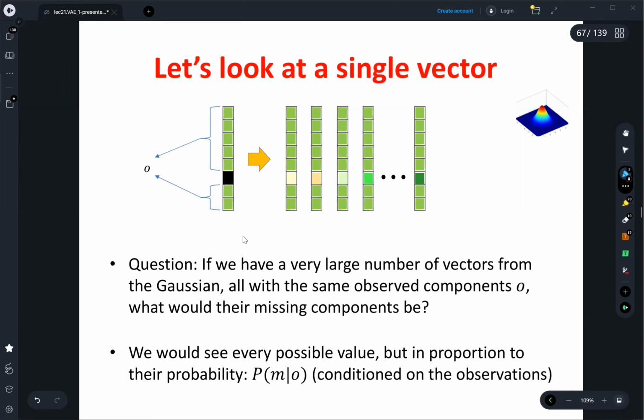Basically, the question you ask yourself is, if I saw a very large number of copies of this vector, what proportion of those copies would have 7 here, and what proportion would have the value 3 here? And so you're going to fill in those values according to those proportions. That make sense to you guys?